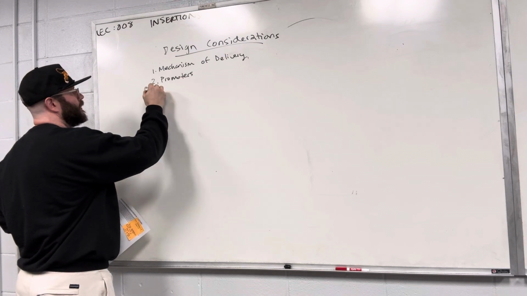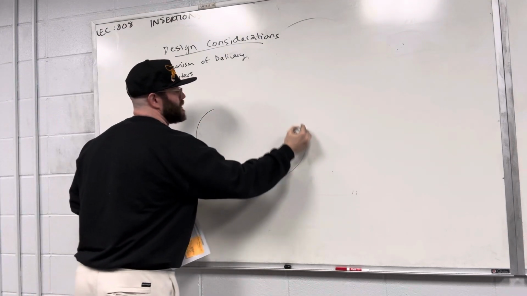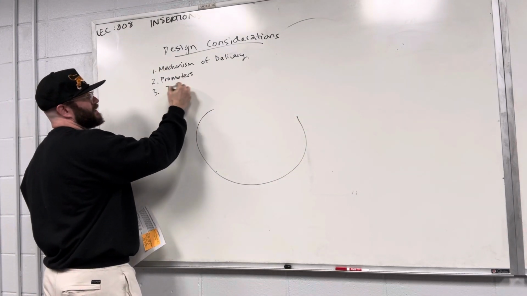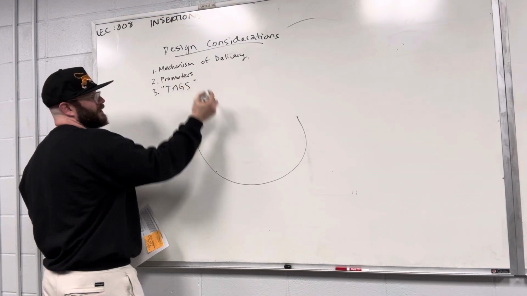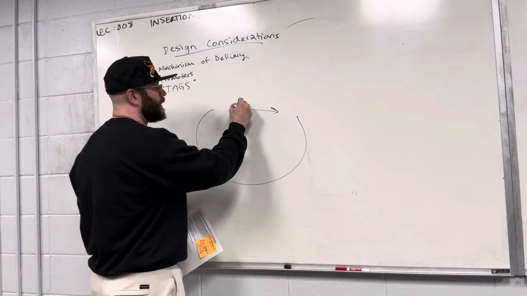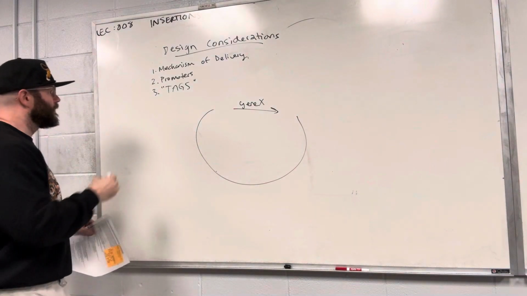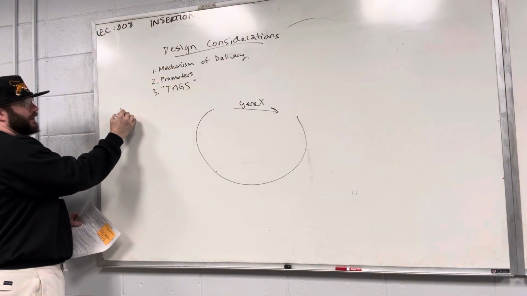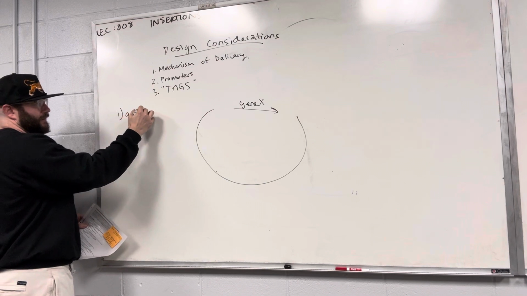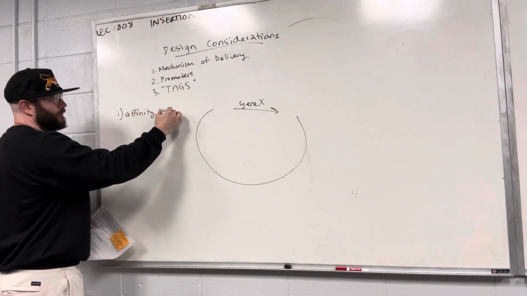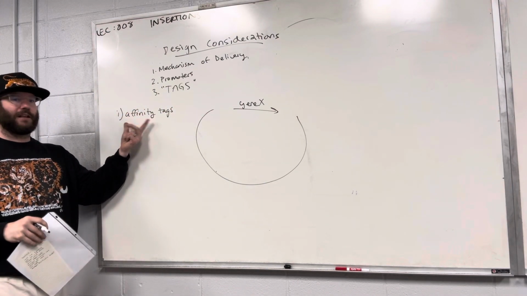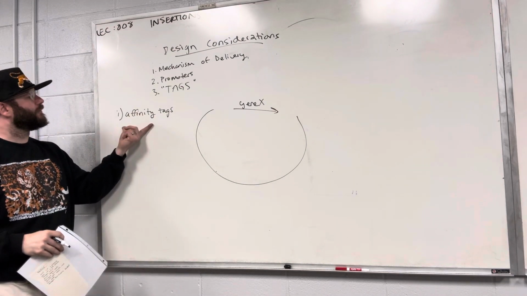Let's talk more about design considerations. So let's talk about tags. Tags is kind of like a catch-all term that implies a lot of different things, okay? There's what are called affinity tags. Affinity in chemistry is it likes to bind stuff, okay?